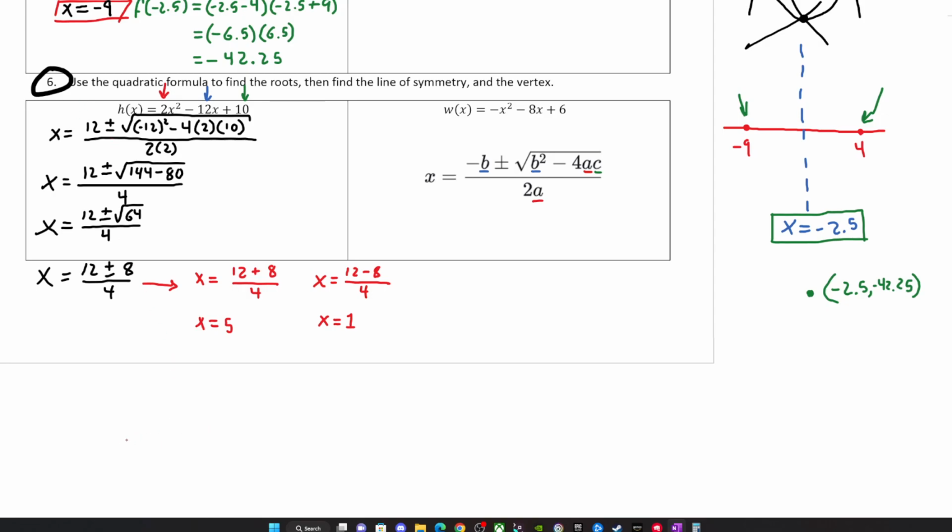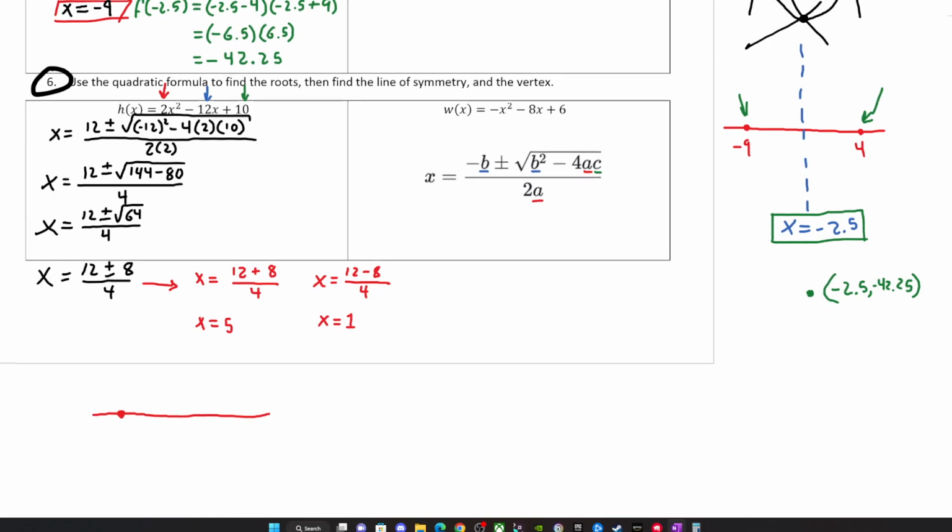So again, the parabola, it's an upside up parabola because this term right here is positive. So my vertex is going to be located below the x-axis. So let's see. Here's my x and y. Here's my x-axis. Okay, here's my x equals 1.